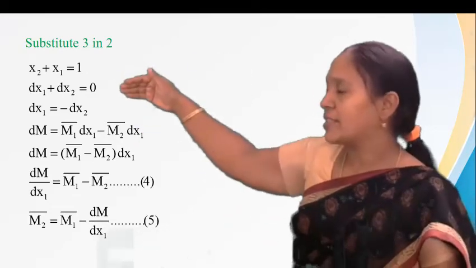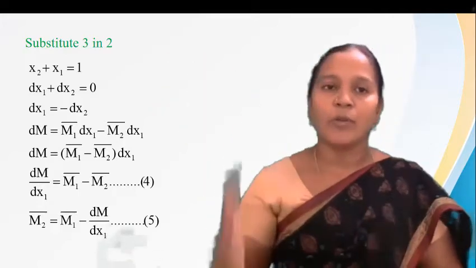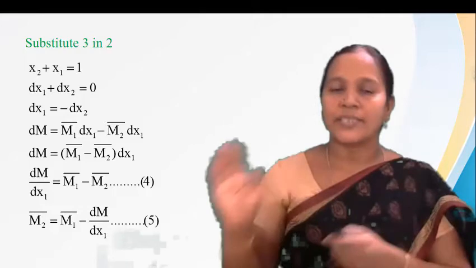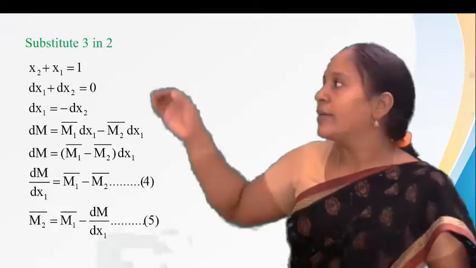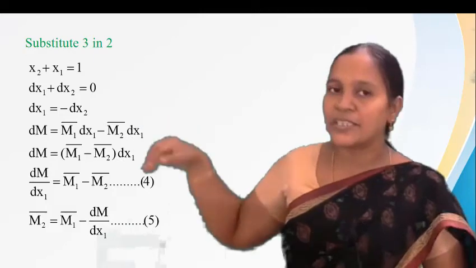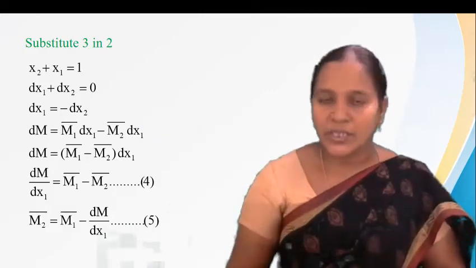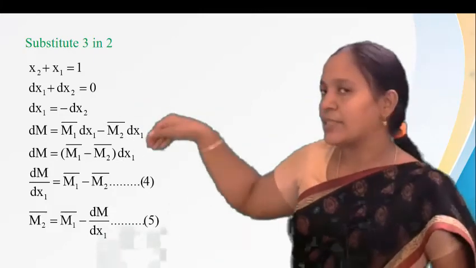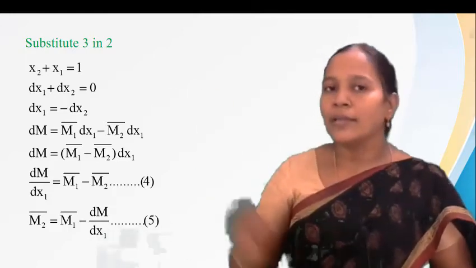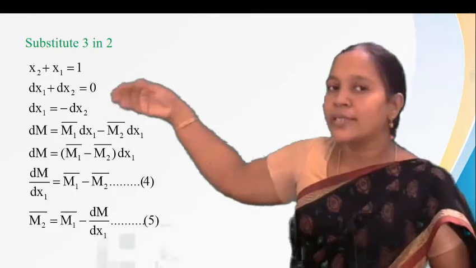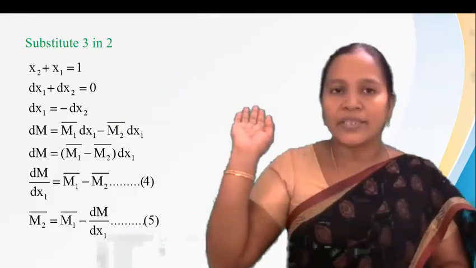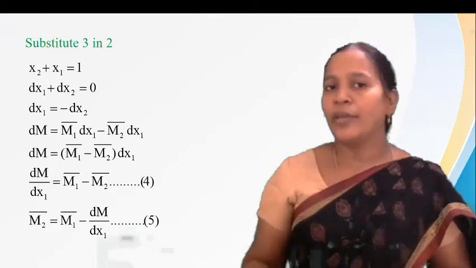Now for a binary system, total number of moles is equal to 1. That is, x1 plus x2 is equal to 1. Taking the differential on both sides, dx1 plus dx2 is equal to 0. Therefore dx1 is equal to minus dx2. Then substitute this dx1 with minus dx2 in equation 3.